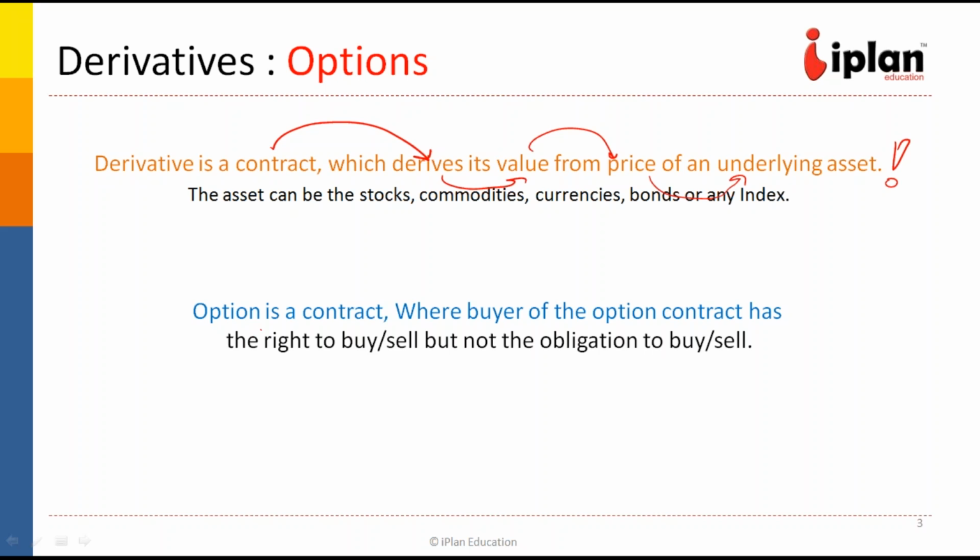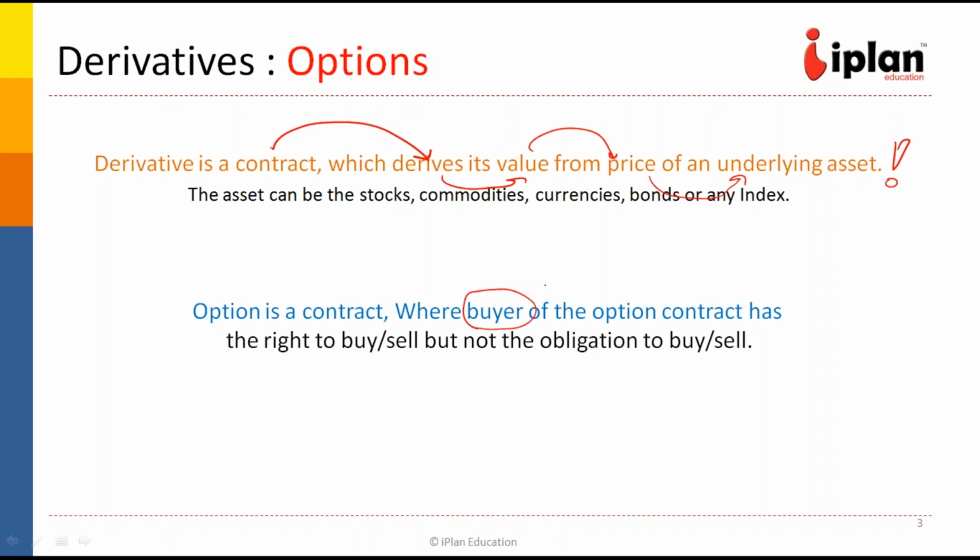If we talk about options, an option is a type of derivative or contract where the buyer of the option contract has the right to buy or the right to sell. Remember, the buyer of the option contract, not the seller. Any contract can be bought and sold, so option contracts can be bought and sold too.